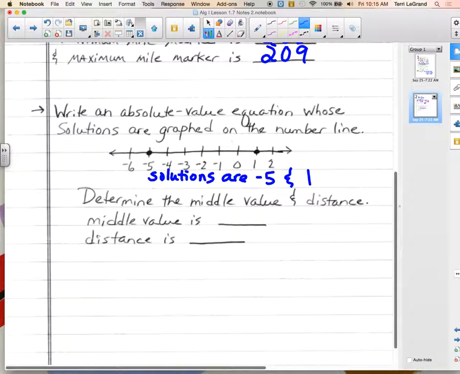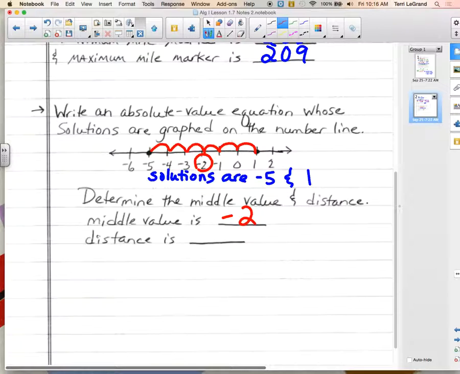So we have 2 solutions. We have to write an absolute value equation that, when we solved it, would give us those 2 solutions. I tell you, it would be a good idea to determine the middle value and the distance since our model requires both of those. So what's the middle value? -2. If we work our way in like this, we can see that we're going to end up at -2 being our middle value.